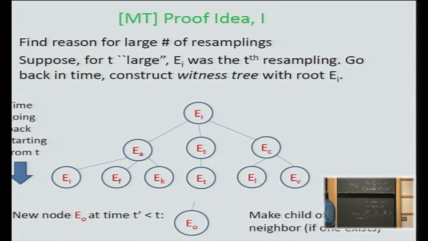So the reason why you had to resample ei is perhaps that resampling ea screwed up the variables on which ei depends, and therefore you had to resample ei, right? So a necessary condition in this tree is that any parent and child have to be neighbors of each other in the dependency graph, right?